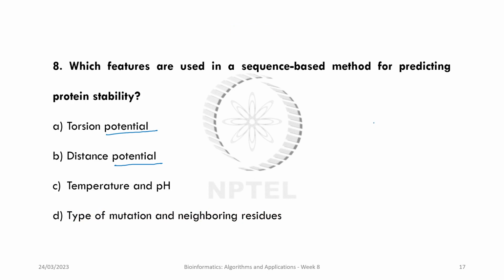Oops, that says which features are used in sequence based method for predicting protein stability, with emphasis on sequence based method. I think the answer popped up by mistake. Sorry about that. One vote from Malini for D, also from Hari.